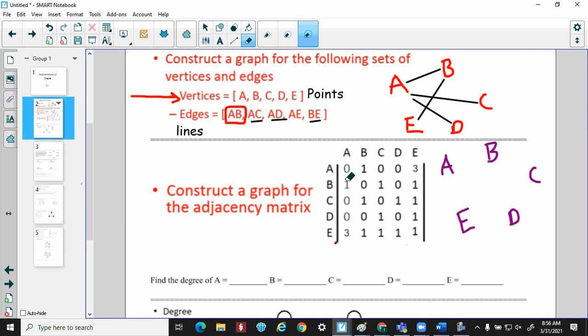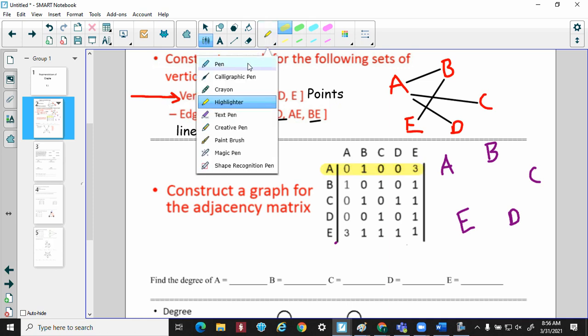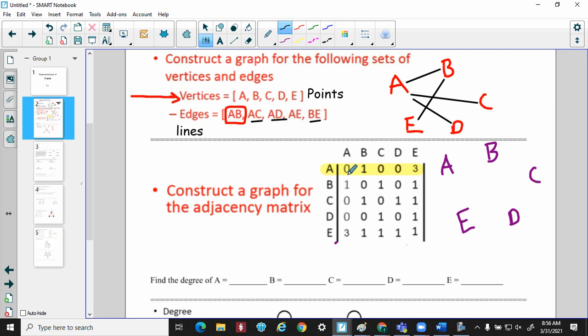So first off, you are going to read this matrix by rows. Okay, so the first thing, when you're reading this matrix, you have a 0 for an AA situation. Now, that might be a little confusing, so let's go to this.